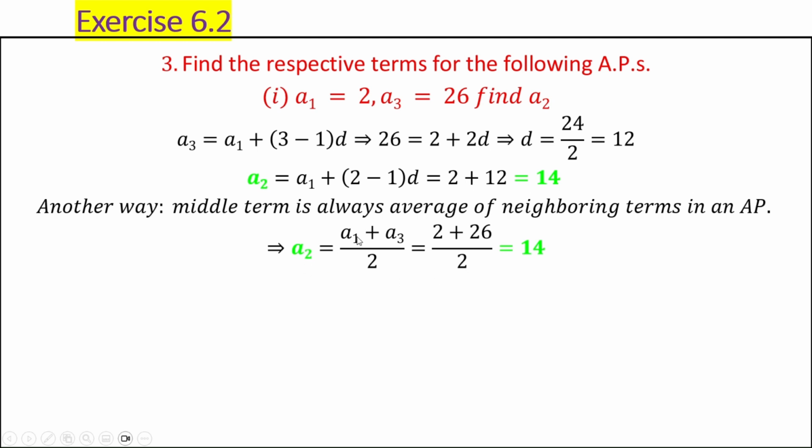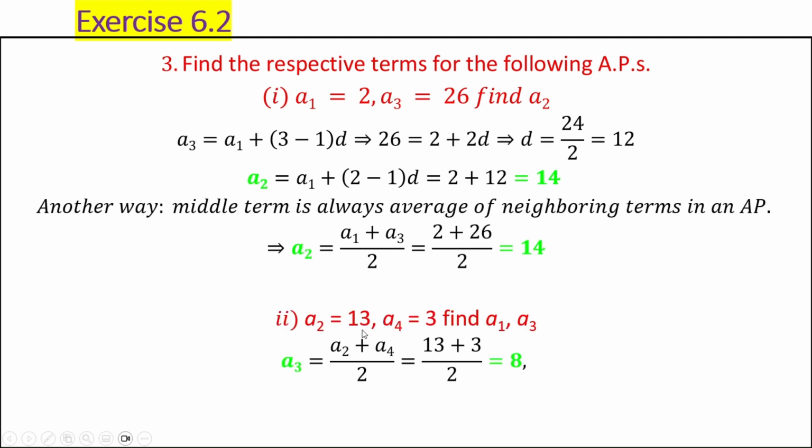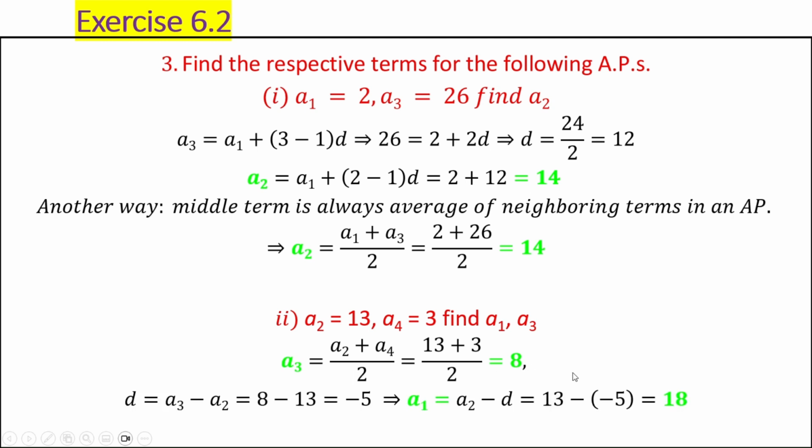So this is the alternate way. A2 and A4 are given, A1 and A3 we need to find out. A3 is simple, the average of A2 and A4, which is 8, and D is equal to A3 minus A2, the difference between two consecutive terms.